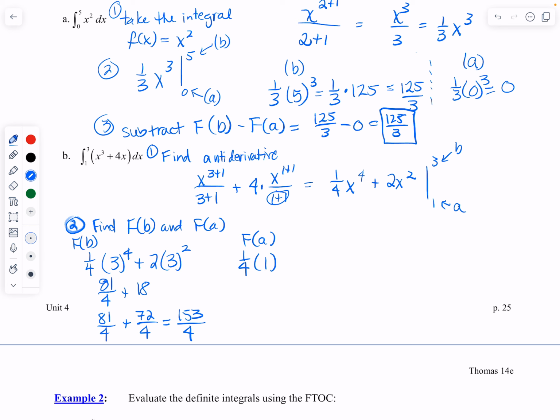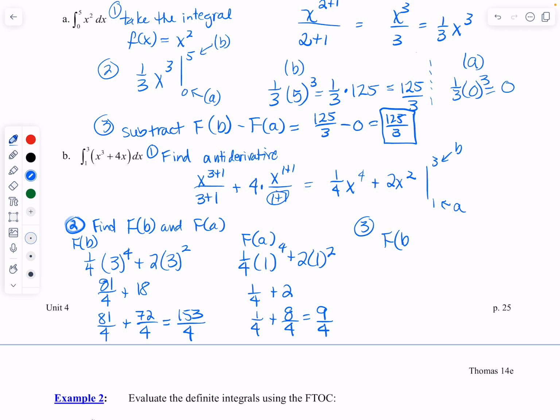So I get 1/4 times 1 to the 4th, plus 2 times 1 squared. So this becomes 1/4 plus 2 times 1, which is 2. Again, finding a common denominator, 4 times 2 is 8. This becomes 9/4.